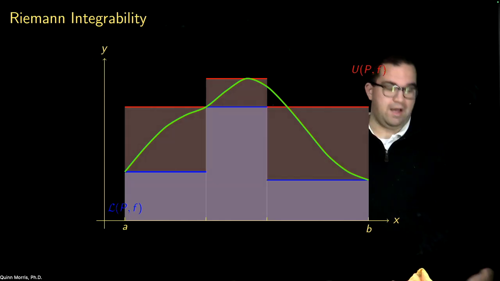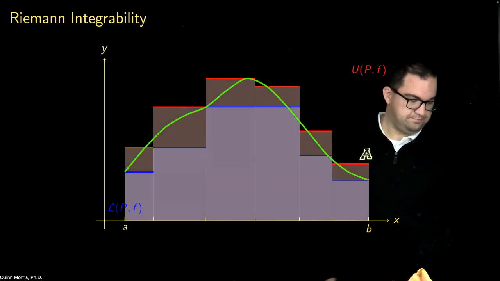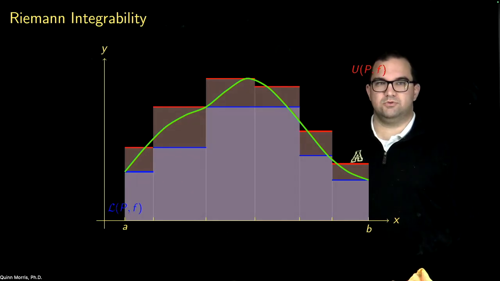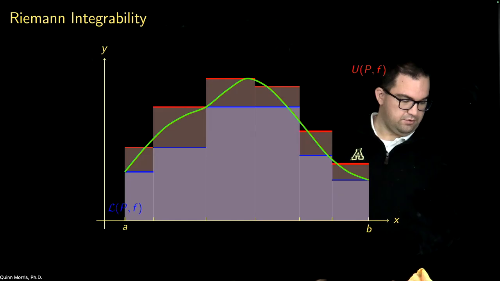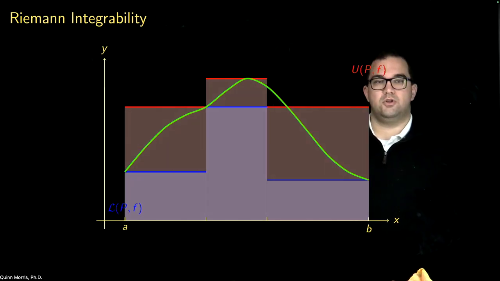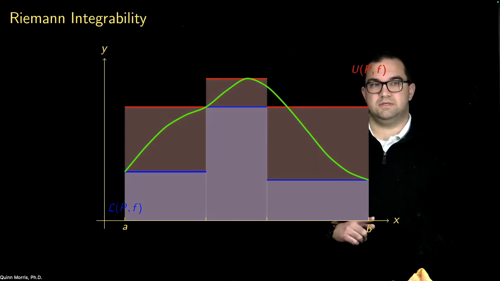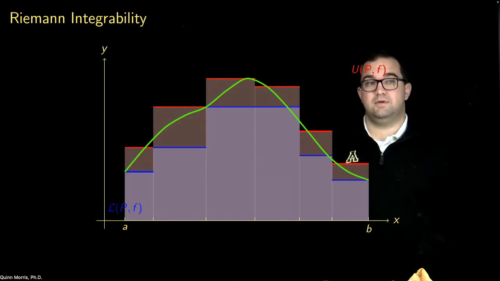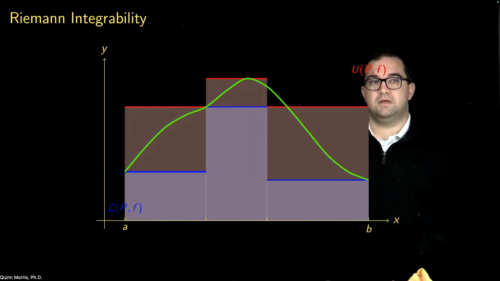What if we took a refinement of that partition? What if we added some more points into our partition? You'll see the first thing to notice is that going from here to here, the lower sum, these pink-purple rectangles, their total area goes up, because I've taken a refinement of that partition.